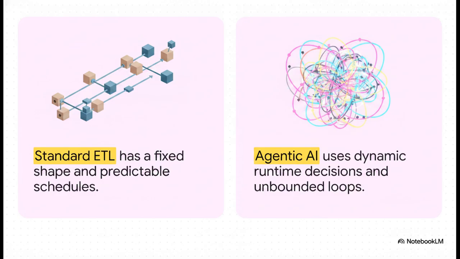In standard ETL, your tasks communicate nicely, schedules run on predictable heartbeat cycles, it's all very neat. But in agent orchestration, the sequence of tool calls isn't even known when you compile your code. On top of that, standard communication methods like XComs weren't originally designed for an unbounded, unpredictable loop of intermediate AI tool results. It's a fundamental clash between rigid predictability and dynamic reasoning.